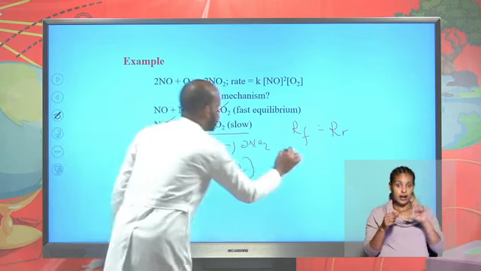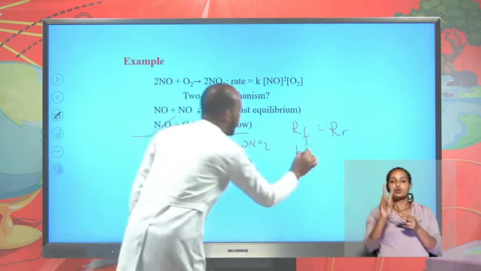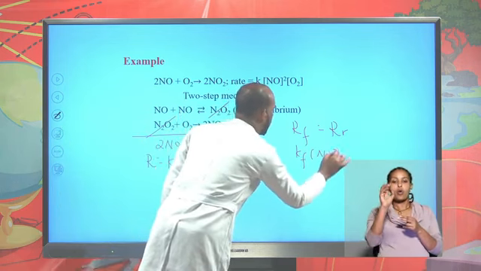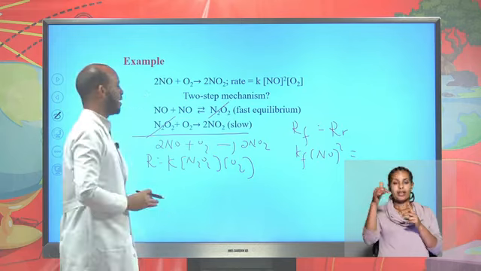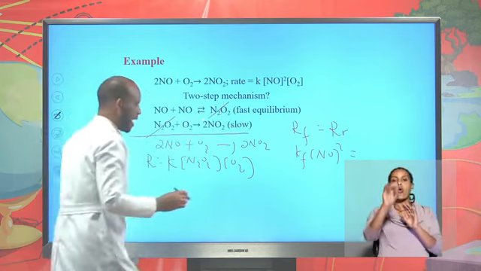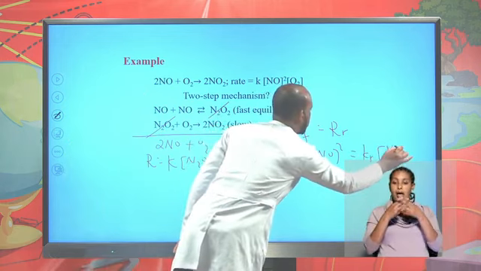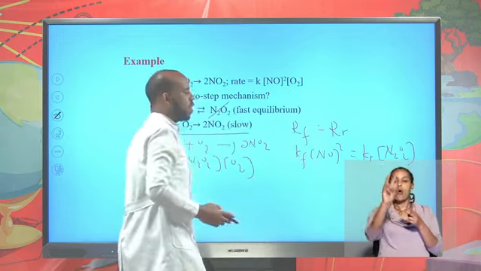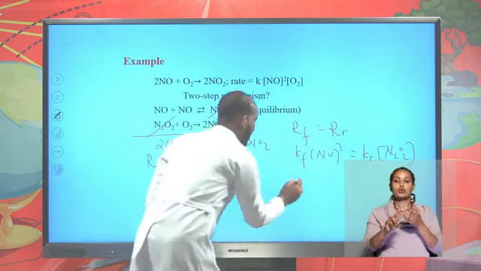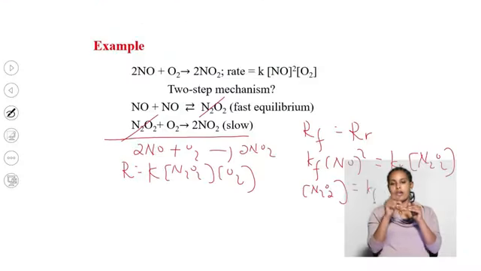Forward rate is k forward times the concentration of NO to the power 2, which equals the reverse rate, which depends on the concentration of N2O2, k reverse times the concentration of N2O2. Solving for the concentration of N2O2, the concentration of N2O2 equals k forward divided by k reverse times the concentration of NO to the power 2.